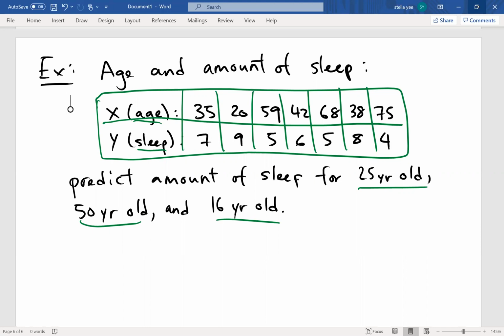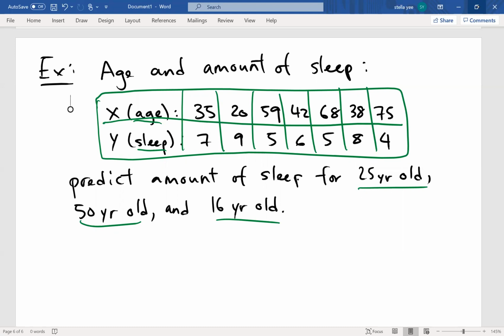So please pause the video and try it out for yourself. So 3, 2, 1, pause.